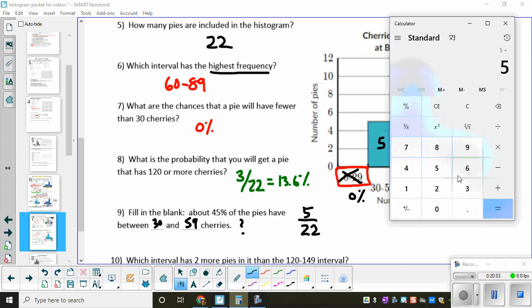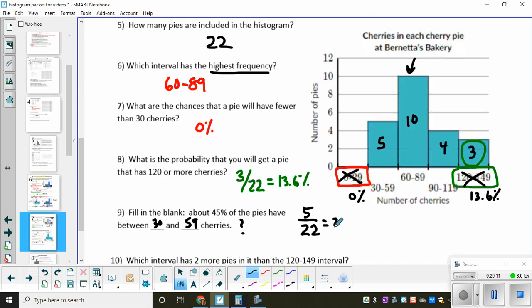If I do 5 divided by 22, we can see that that's 22.7, about 23% of the data. So that's not going to be the correct thing for filling in the blank, okay? So we know it's not this interval because that interval contained 23% of the data. We're looking for 45% of the data, so now let's check this one.